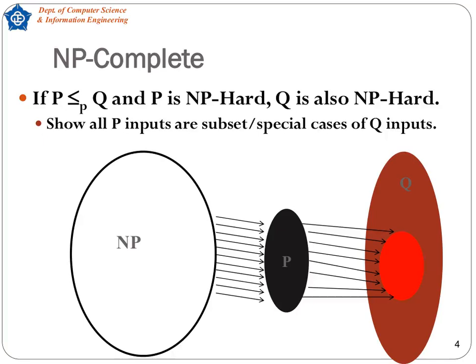Because P is at least as hard as any problem in NP, and solving Q would let us solve P, Q must inherit that same NP-hardness. In other words, whenever P is less than or equal to Q and P is NP-hard, Q is NP-hard too, completing the core argument for NP-completeness.